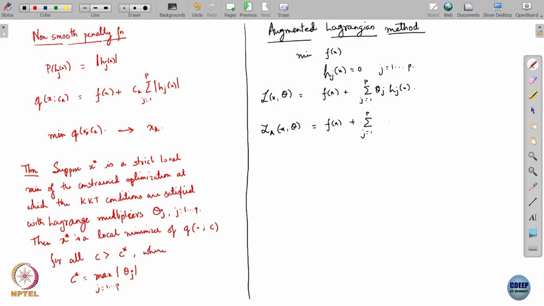So, you continue to have this particular term theta_j h_j(x), plus you also include in this your quadratic penalty, and outside you can put a penalty parameter c.